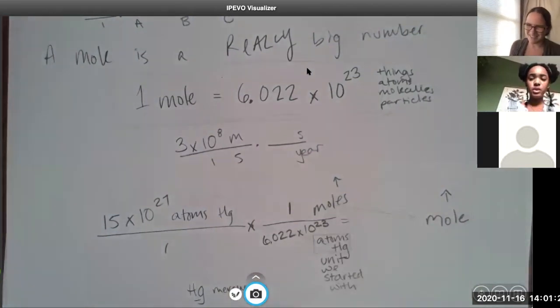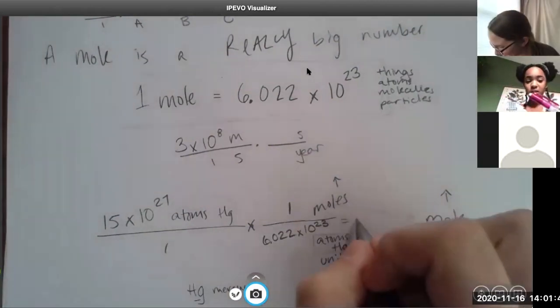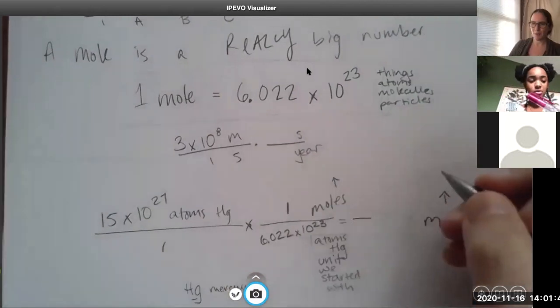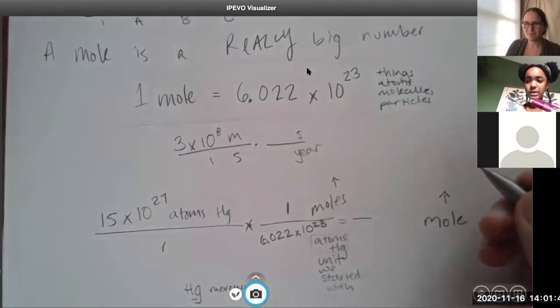So it's going to be 15 times 10 to the 27th, and then we would multiply 1 by that and get, I'm not sure what, I guess it's just the same number. Exactly. And then the same thing on the bottom, and we'd be dividing those two numbers.